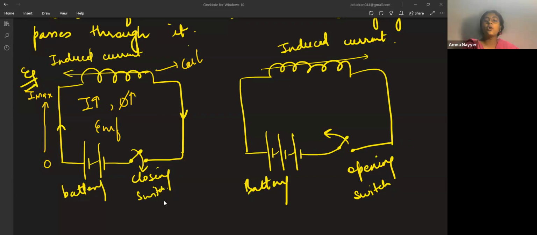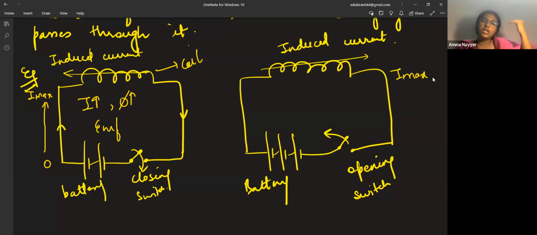Now when we are opening a switch, when the switch was closed, current was at its maximum value. Now when you are opening the switch, current is coming back to the battery.